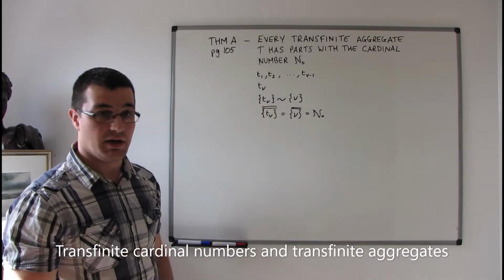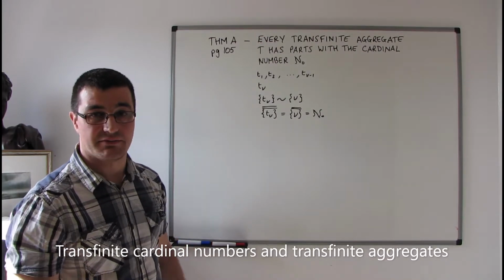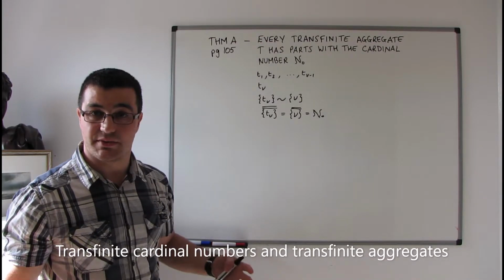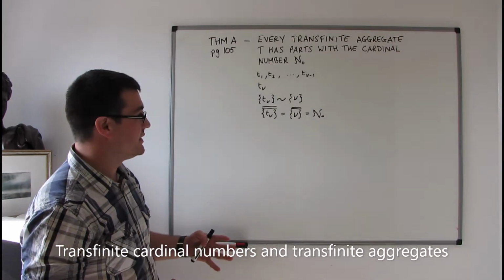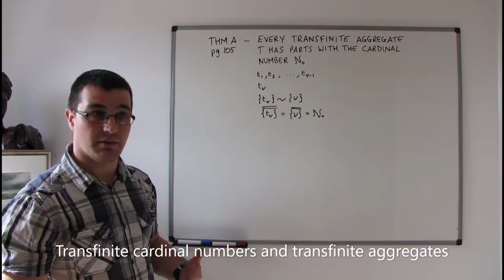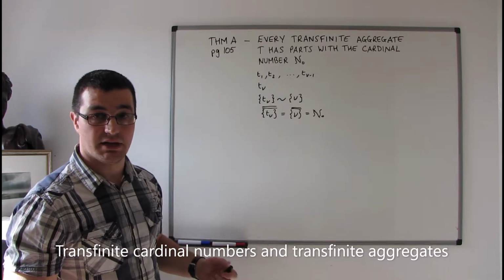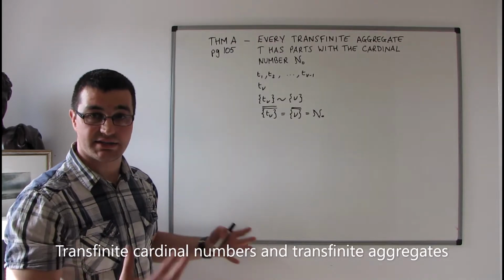So over the decades which followed, the first half of the 20th century, this was a big issue regarding the axiom of choice. A lot of mathematicians just flatly rejected the axiom of choice, others embraced it.